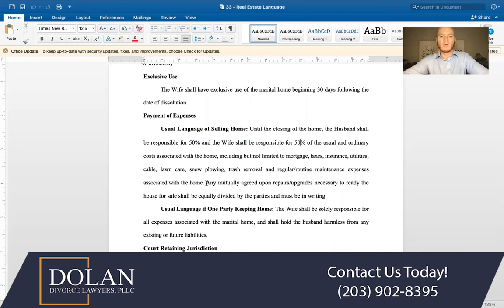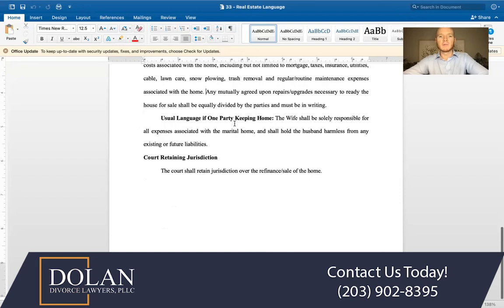And then it's normal to say that any mutually agreed upon repairs or upgrades necessary to ready the house for sale shall be equally divided by the parties and must be in writing. And then again, you can adjust those percentages. And then usually if one party is keeping the house, they're responsible for the costs of the property.